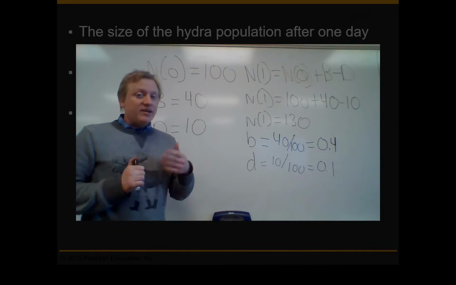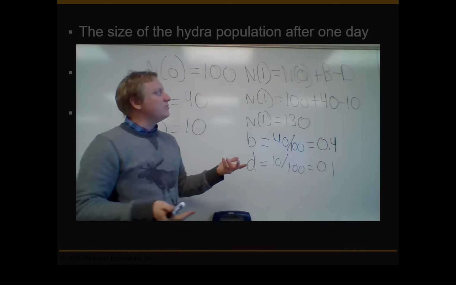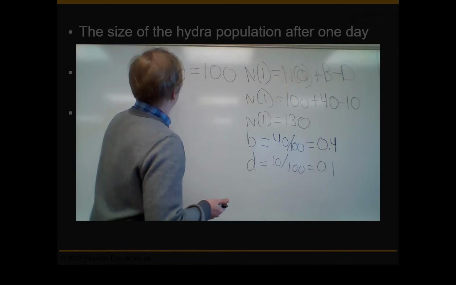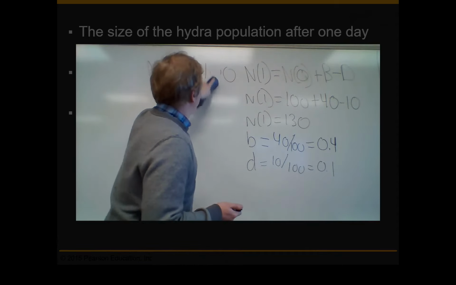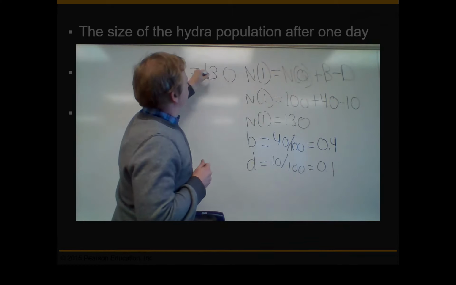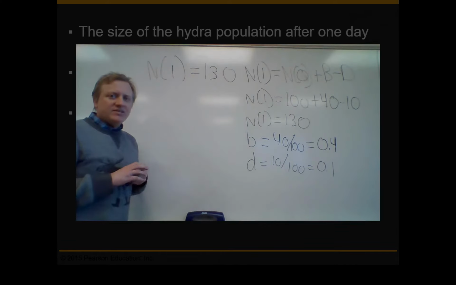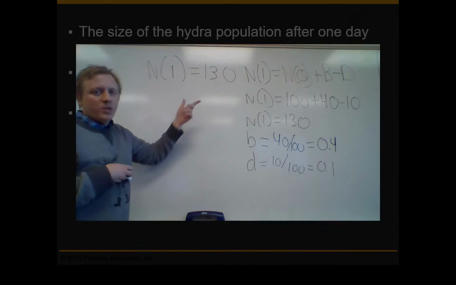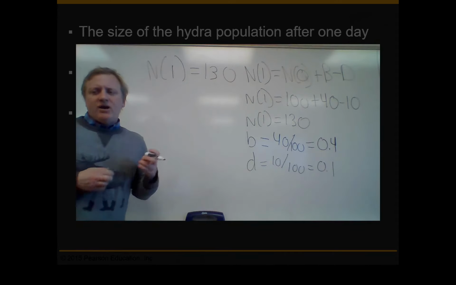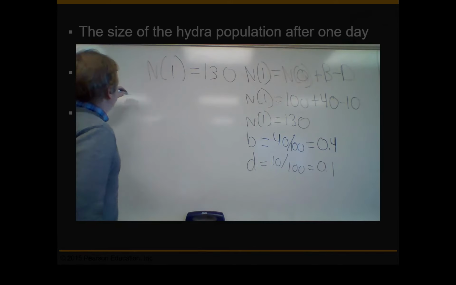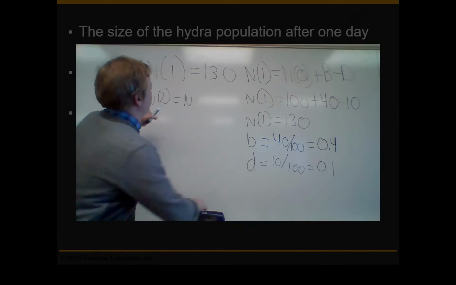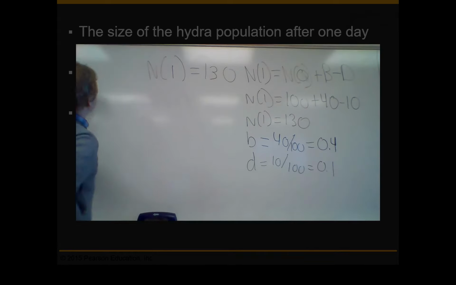So now let's see if we can figure out the number of individuals we're going to have at day 2. We don't need this anymore. I'm going to go ahead and just change this. So there we have it. Day 1, we have 130 individuals. And what we're going to do now, in order to calculate the number at day 2, let me start over here actually, give myself some more space.